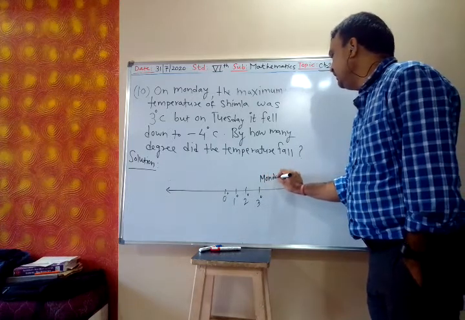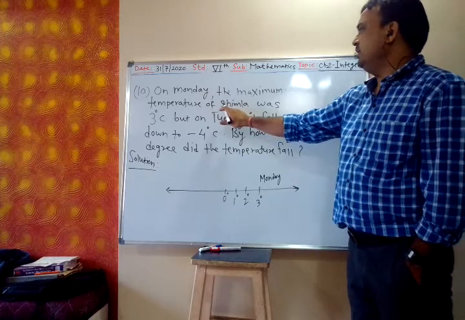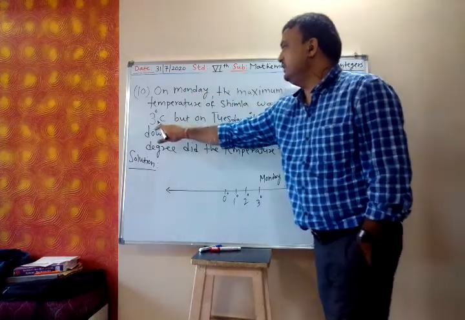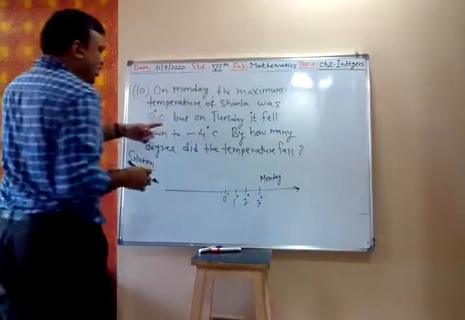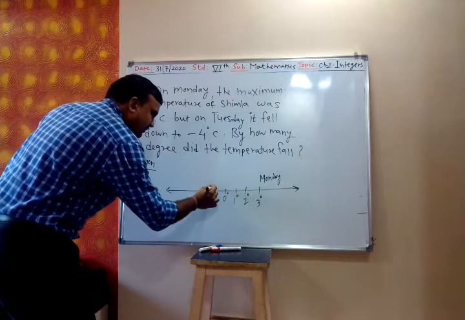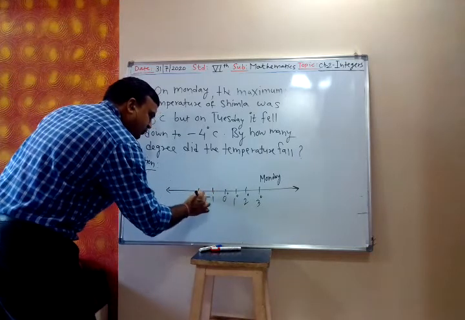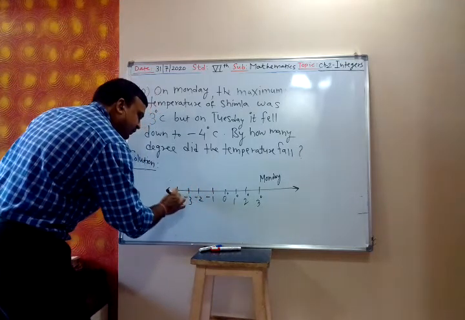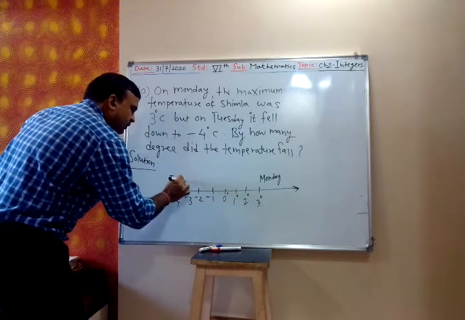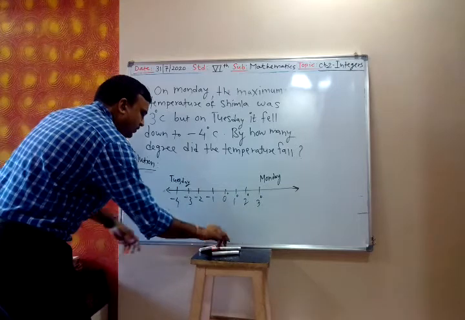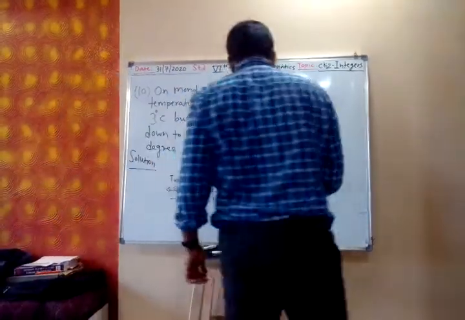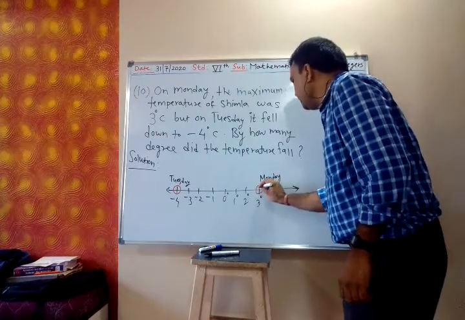The temperature of Shimla on Monday was 3 degrees Celsius. On Tuesday it fell down to -4 degree. So this side we write -1, -2, -3, -4, and this is on Tuesday. Number line you have to draw. This is my -4 on Tuesday, and this is +3 on Monday.